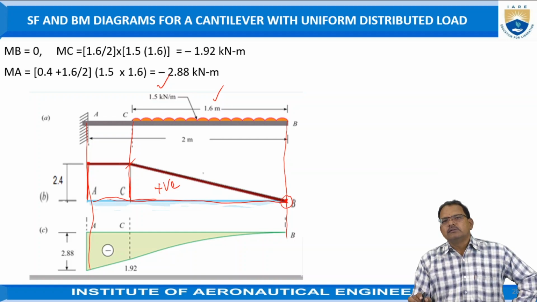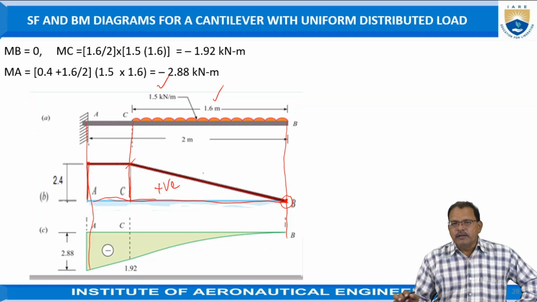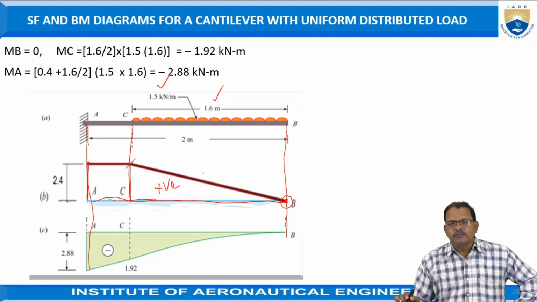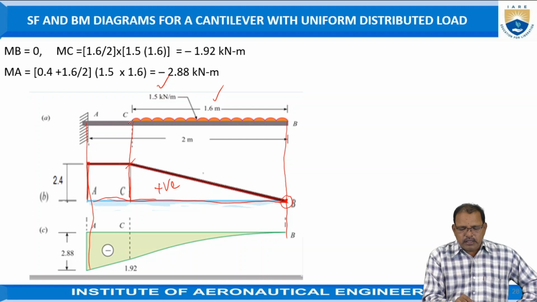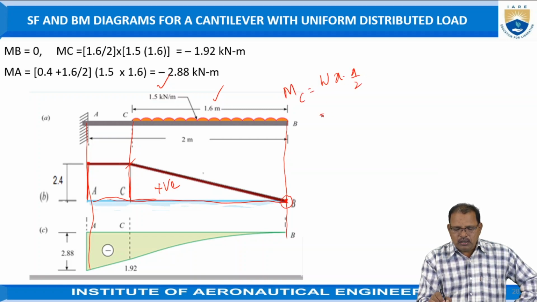The second one, bending moment diagram. The bending moment at B is equal to 0. The bending moment at C is equal to W into X by 2 required. At C, W is the uniformly distributed load, which is equal to 1.5.